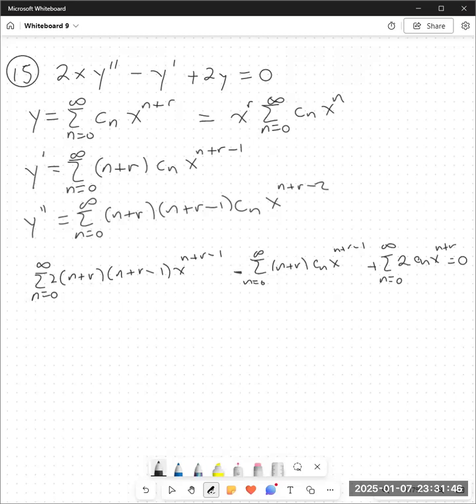And I'm just going to go ahead right now and pull out the x to the r that's common in everything here, and leave that sitting out there, equals 0.